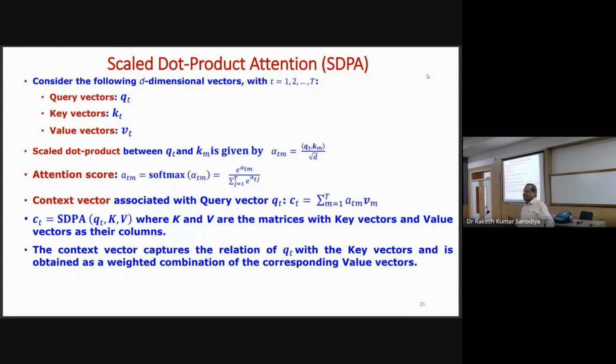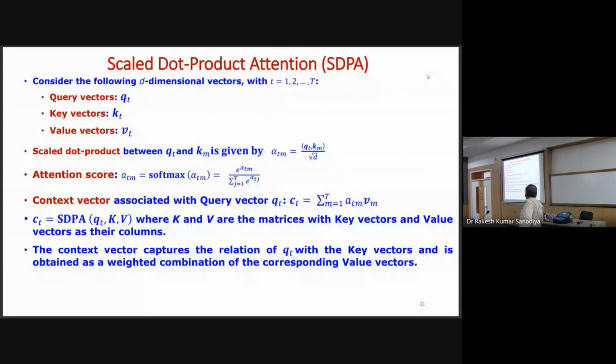So basically what the c_t is trying to do is, it is looking at how this query vector is related to each of the key vectors, right? And then it's generating a new representation for that q_t. But this new representation is based only on the similarity, and that similarity is obtained by this scaled dot product attention, right? And what we get here is what is known as the context vector.